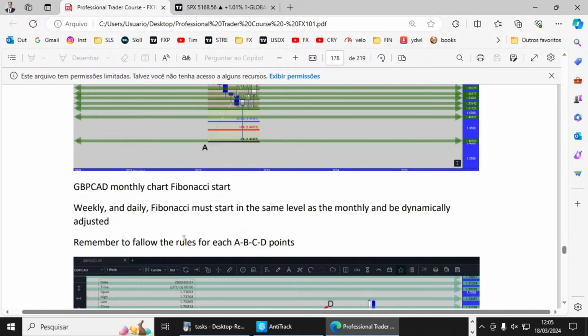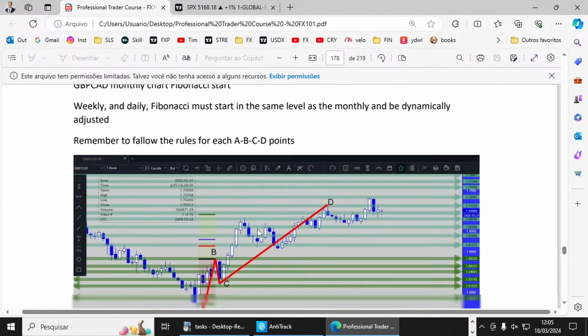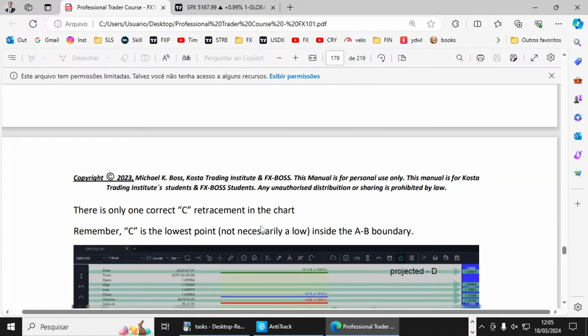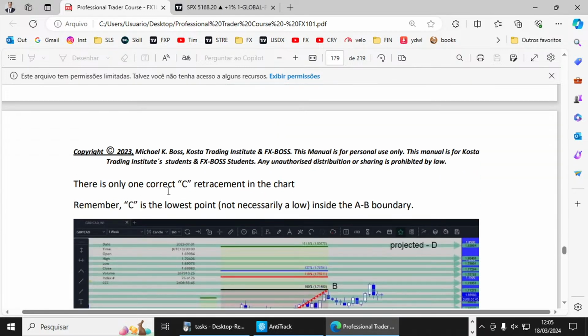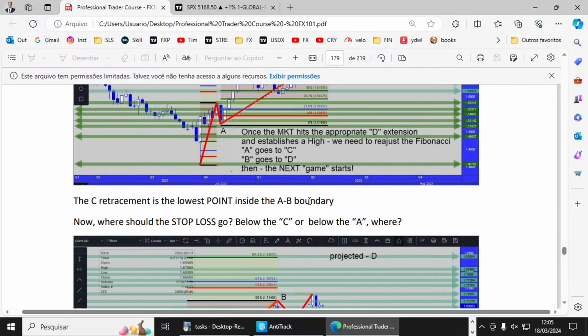Remember to follow the rules for each A, B, C, D points, everybody. And there is only one correct C retracement in the chart. Remember, the C is the lowest point, not necessarily a low inside the AB boundary. Okay, the C retracement is the lowest point.